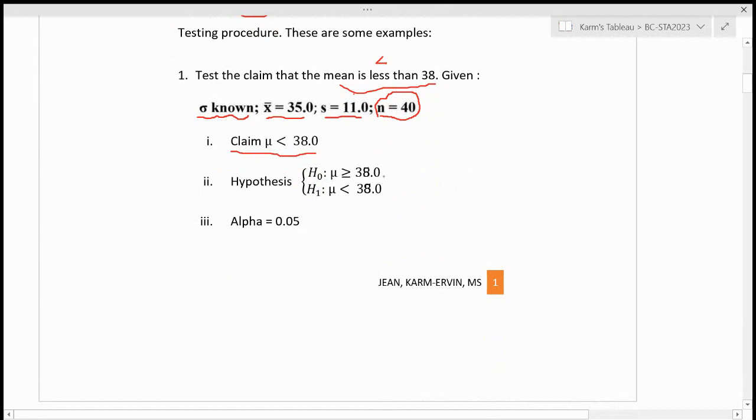For H0, you have mu greater than or equal to 38, and for H1, you have mu less than 38. As you can see, the claim belongs to H1 because we have less than. And since I didn't give you any alpha, by default it's going to be 0.05.